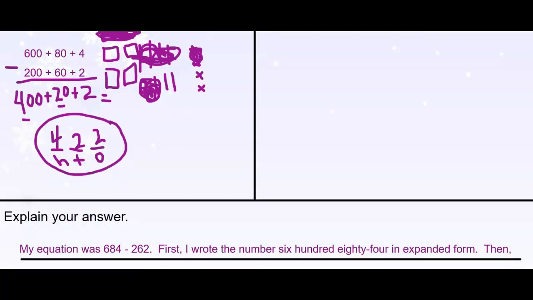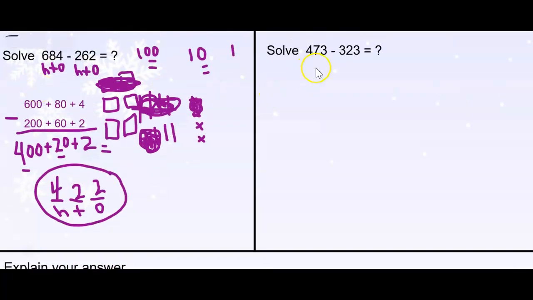Now it's time for you to solve the second problem on your own using the expanded form strategy. Then explain your answer. Pause your video here, solve the problem, then check back with me to see if you were correct. Have fun!